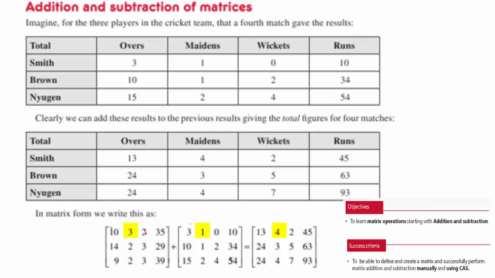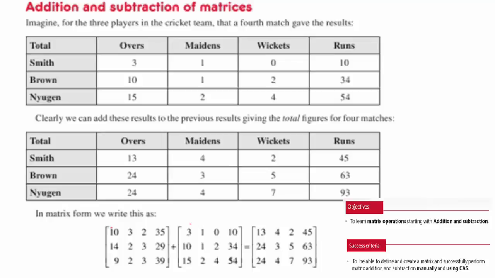Then 1,3 and 1,3 is 2 plus 0, and the last position 35 plus 10 is 45. So you keep adding those in the same position together as what you would have done with a normal table, and you get the aggregated result.